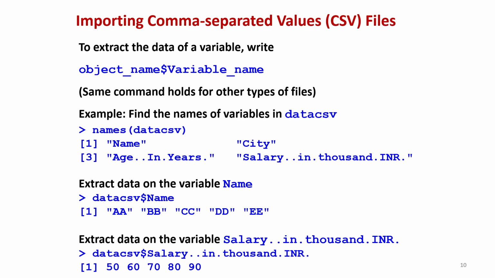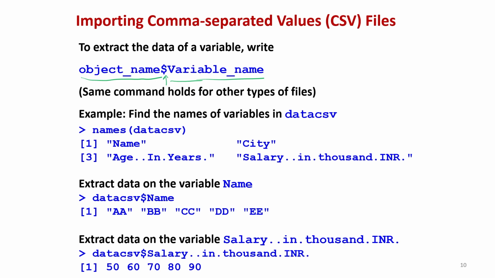So the command here is that we have to give the object name. Object name is the name by which we have stored the data. For example, here we have used the data CSV in the earlier case, and then I have to use a $ sign. And after that, I have to give the name of the variable from which I want to extract the data.